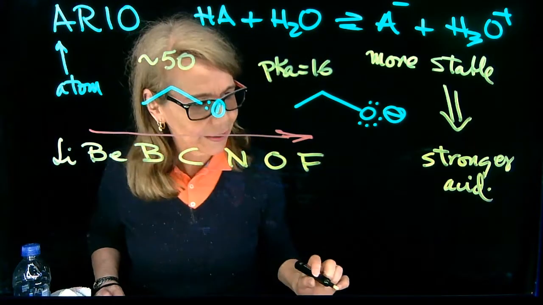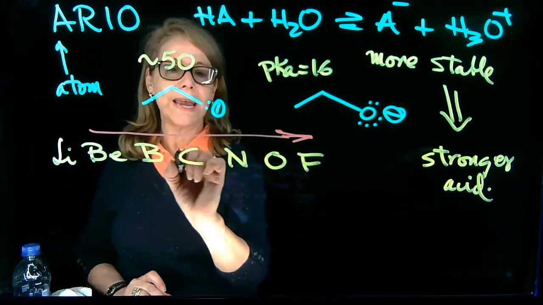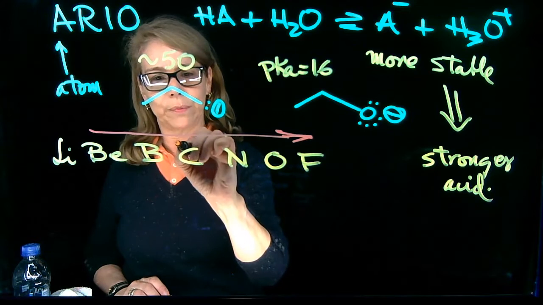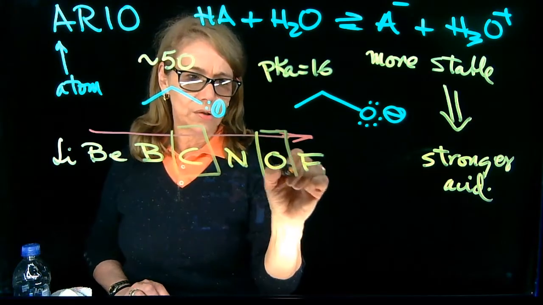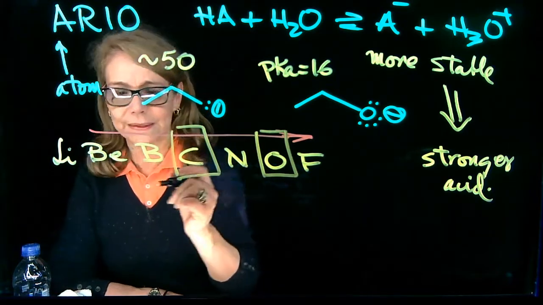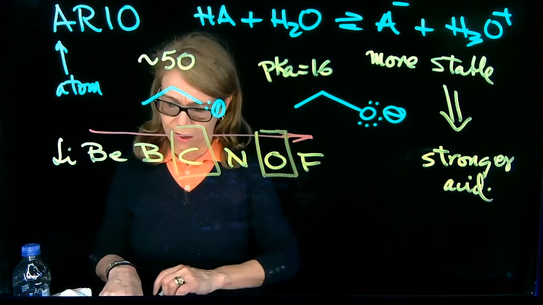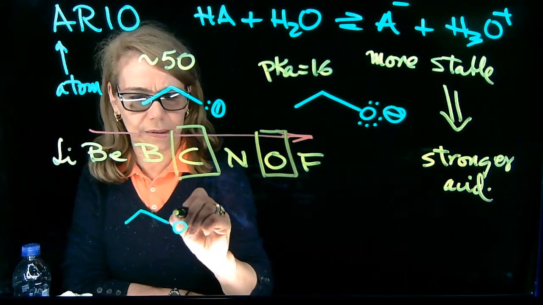Now, this is analyzing elements that are in the same period of the periodic table. So we were comparing charge on carbon versus charge on oxygen. Now, let's compare something else. Let's see if I have now a couple of structures, if we can make a prediction here.